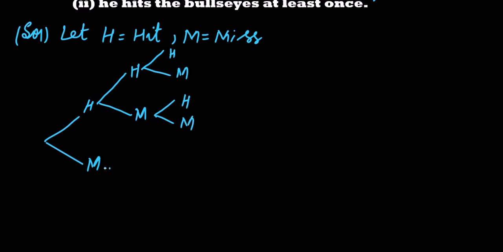Similarly, in the second throw, he has 2 possible outcomes, H and M, and at the third throw, again there are 2 possible outcomes, H and M. Similarly here, H and M.